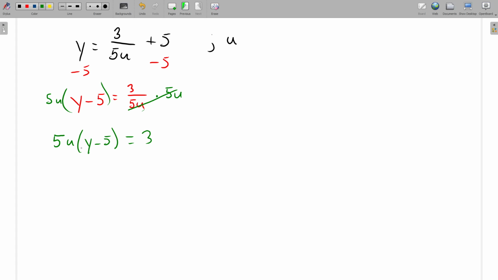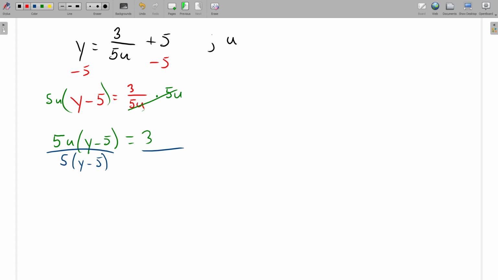So all of these things are being multiplied. The 5 is being multiplied by the u, and the u is being multiplied by this binomial in parentheses, y minus 5. Because they're all being multiplied, I can divide the 5, and I can divide the y minus 5 across.